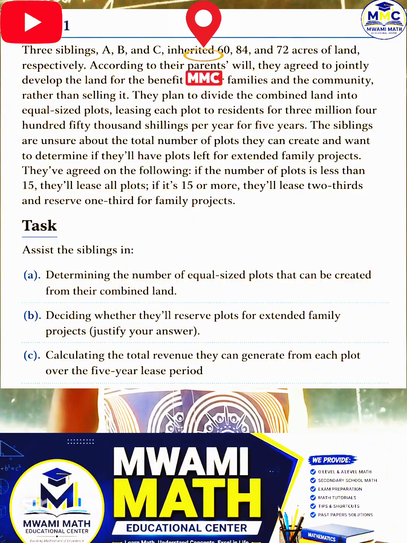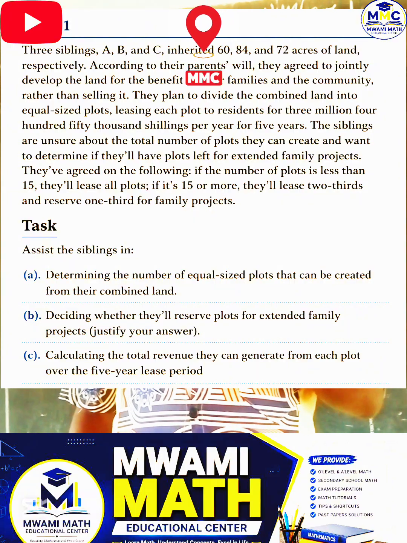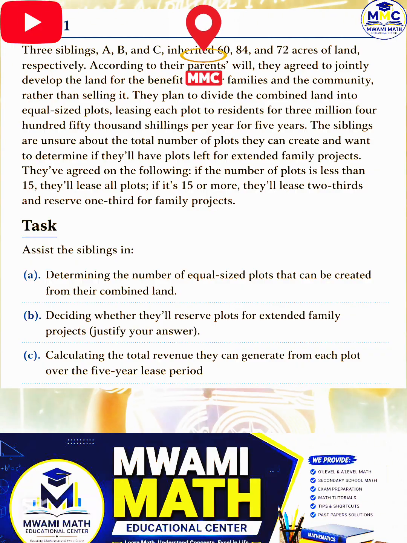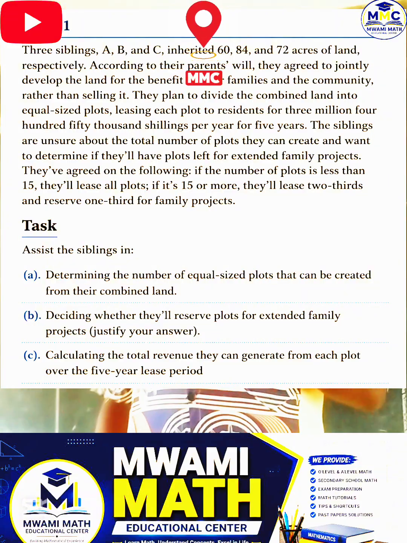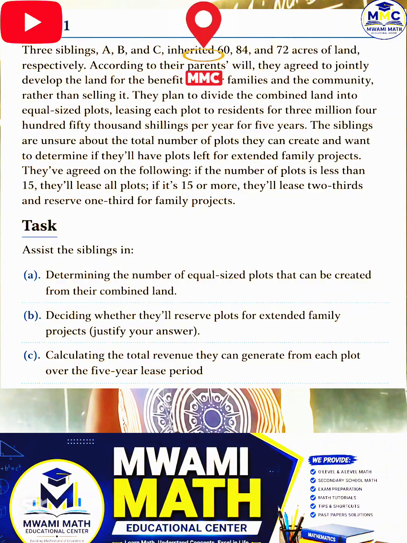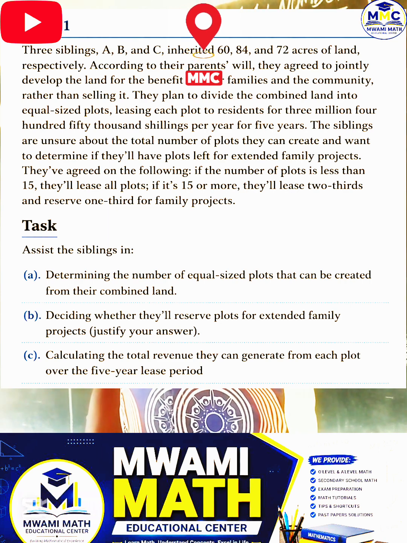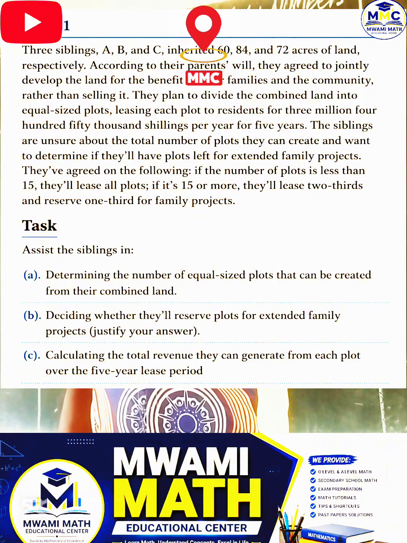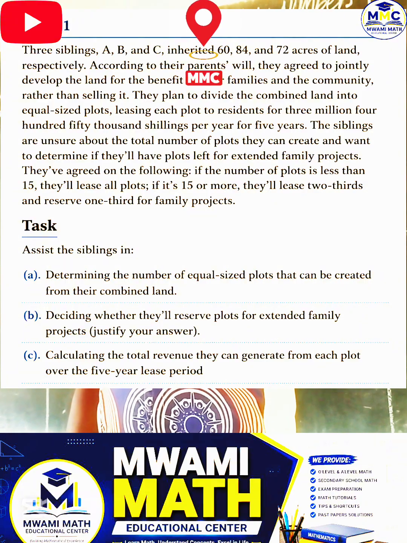Task: assist the siblings in A. Determine the number of equal-sized plots that can be created from their combined land. B. Deciding whether they will reserve plots for extended family projects. In brackets, justify your answer. C. Calculate the total revenue they can generate from each plot over the 5 years lease.